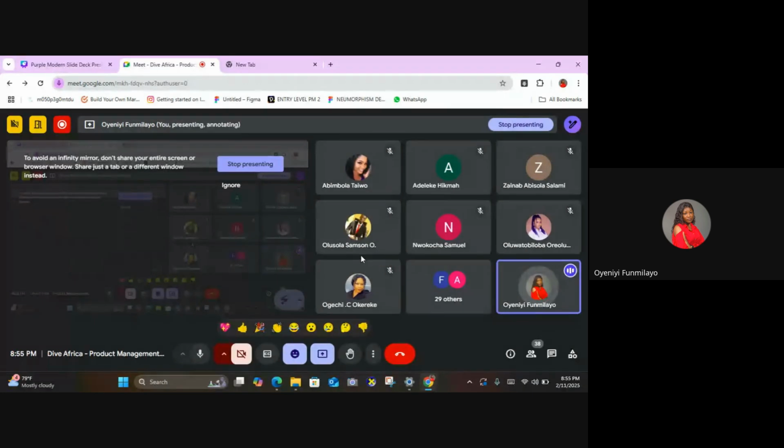And if you look at it very well, for those products without a product manager, it takes the grace of God for them to actually strive in the market. Let me use Piggyvest as an example. Did you know how many product people Piggyvest have? They have up to 3 different product managers.